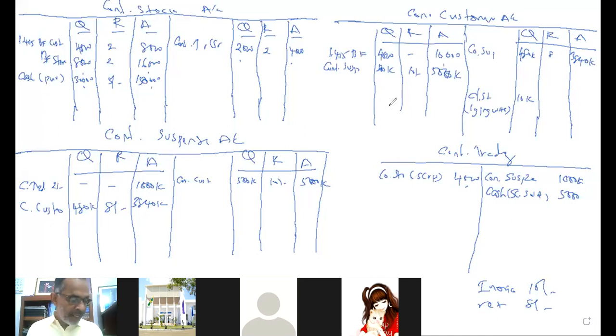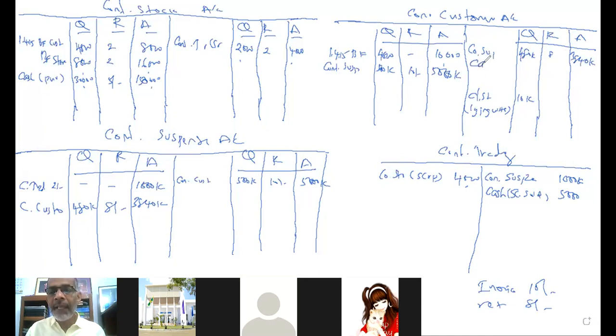Amount received from the customers during the year 1.1 million. During the period you receive the cash from customers, when you receive the cash from the customers, double entry, cash account is what? Debit. What account is credit out of 4? Customer account. Right.